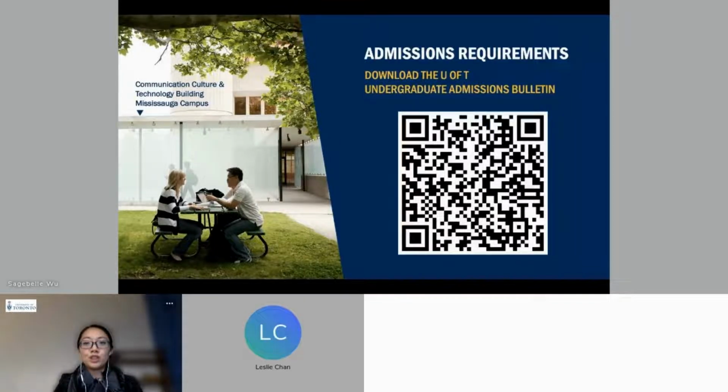So a very common question that we get from students is, what kind of grades do I need to submit in order to be considered a competitive applicant to such and such program?